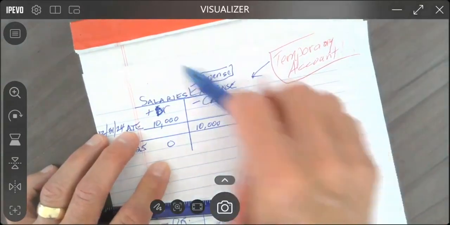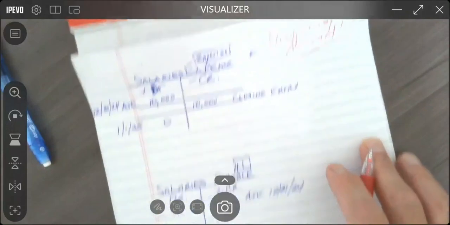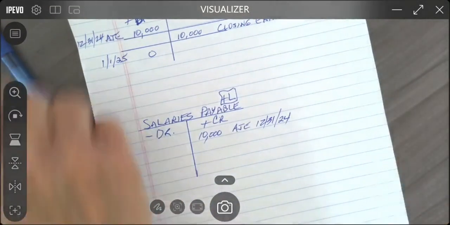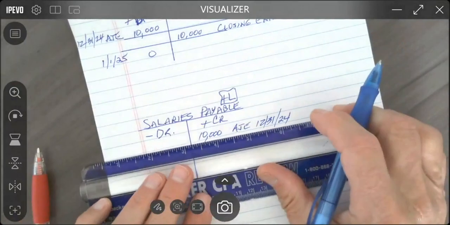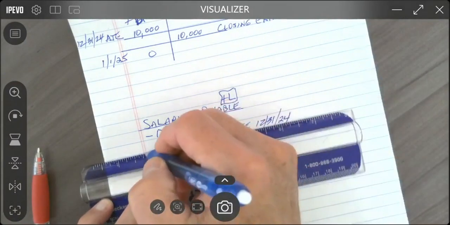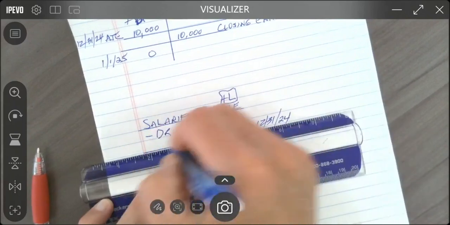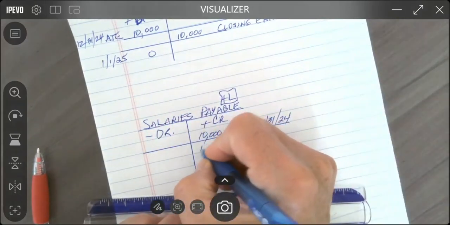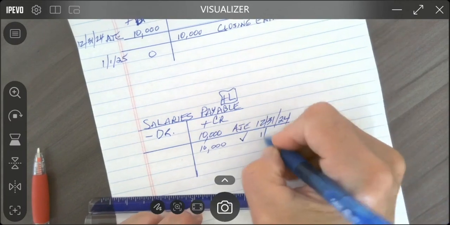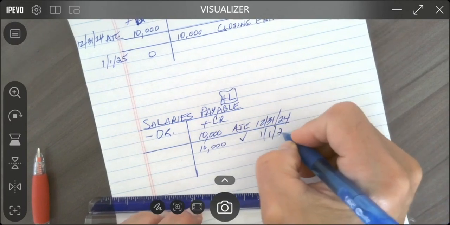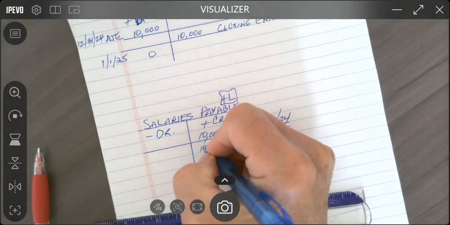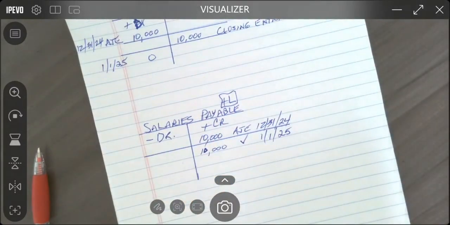Hopefully that makes sense by now. Then we have also the permanent account. We don't close those, of course. And so salaries payable, we have a $10,000 balance at 1/1/25. All right, and that's what's in our general ledger.